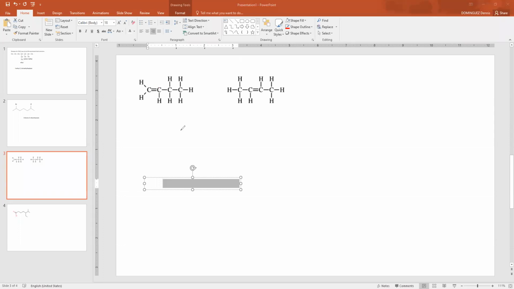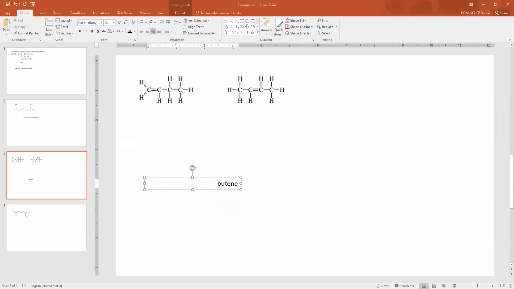So the end of the mother compound should be ENE. Now we'll find the longest chain of carbon. So we have 1, 2, 3, and 4. There is no other carbon, so let's use this one. So 4 is BUT. That's butane, but it's a double bond, so butene.